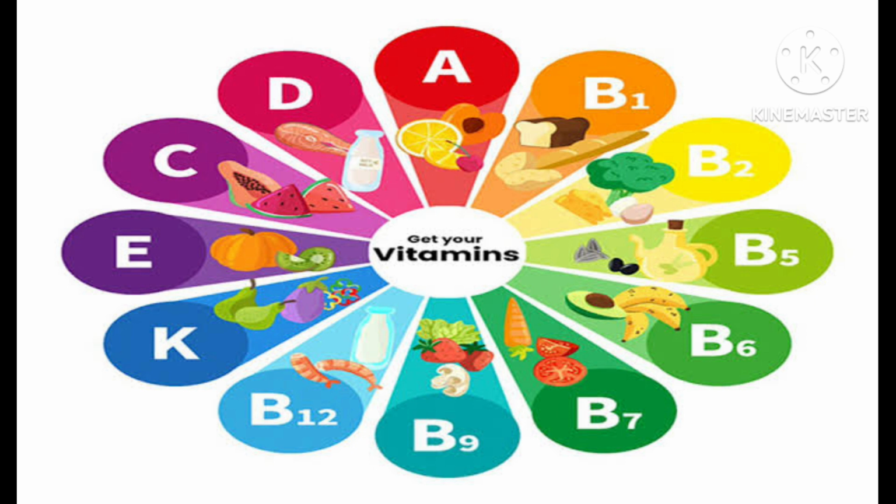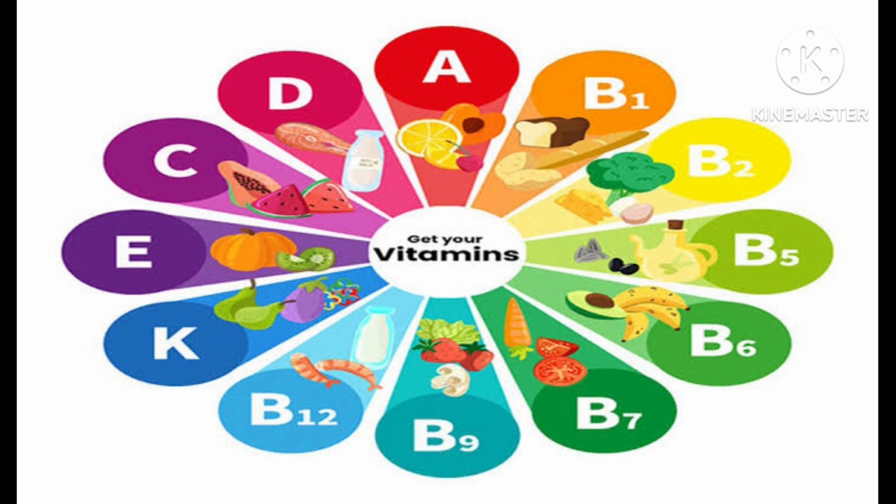Now I will tell you the names of some vitamins, where you will get them, and what disease occurs if they are not available in your body. Remember, questions are asked in all examinations, general competition, medical and engineering also. Vitamin A, what is its source?